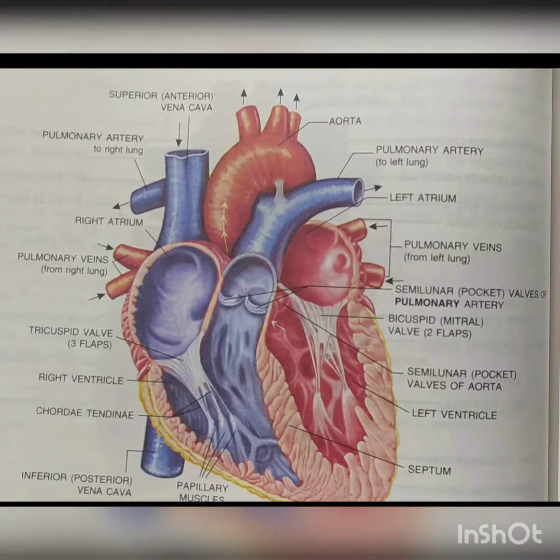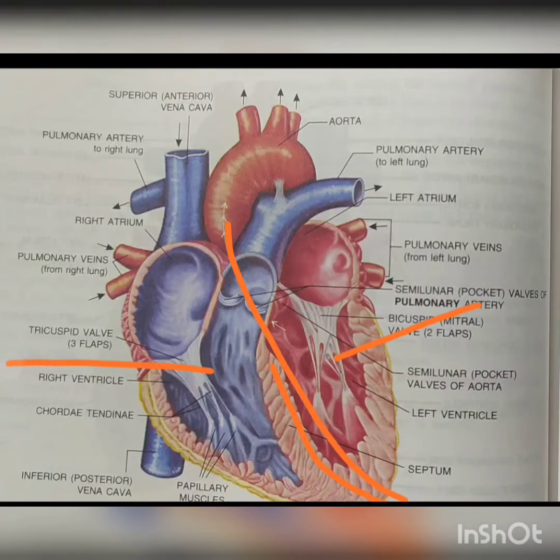The human heart is a four-chambered organ divided by the septa, singular septum, into two equal halves, the right half and the left half.